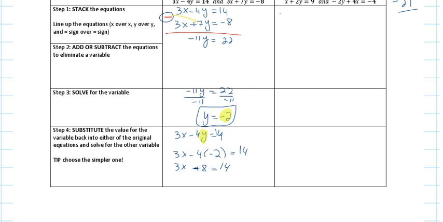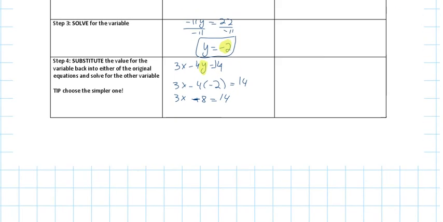Now my job is to isolate for the x. Okay? So I'm going to have to bring the 8 over first. So that becomes minus 8. So that's going to be 6. And then divide by 3. So x equals 2.